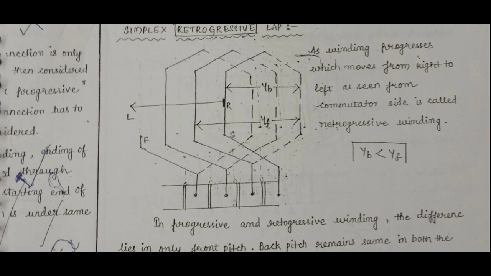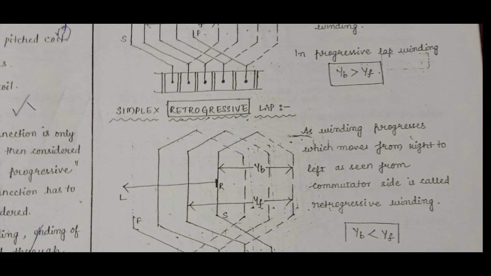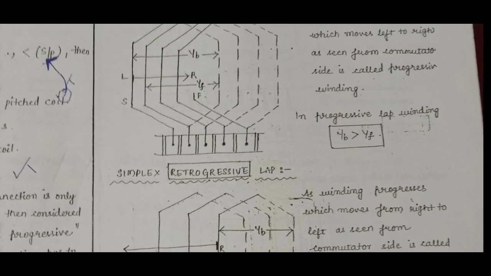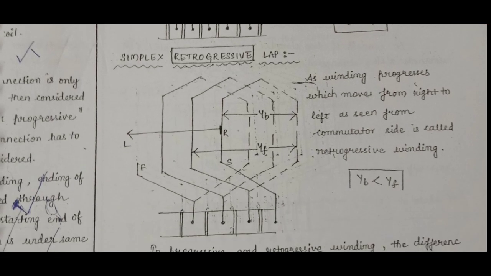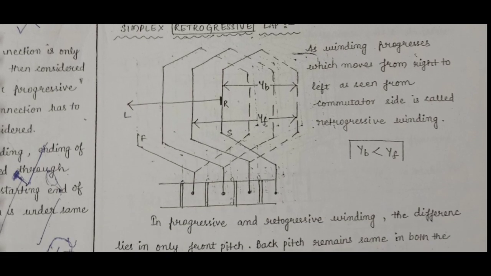In a retrogressive winding, the back pitch is less than the front pitch. The front pitch is greater and the back pitch is less. In a progressive winding, YB is greater and YF is less. In a retrogressive winding, YB is less and YF is greater.